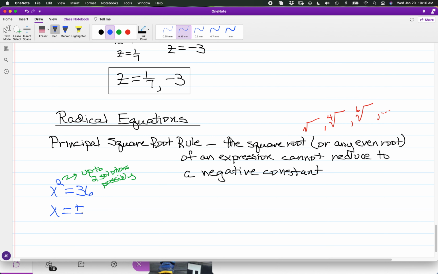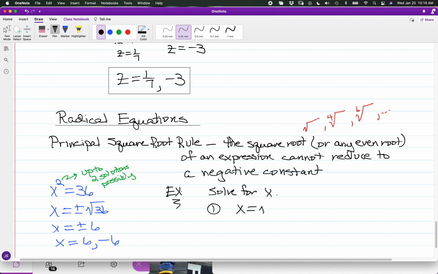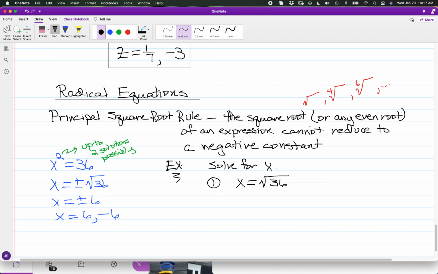So we had both a positive and a negative value from this setup, and that's because we had second degree in x to begin with. But where the principal square root rule is really going to apply, you're looking at solving for x. Had the problem been given as x is equal to the square root of 36, not x squared is equal to 36, you have an even root or square root of an expression that cannot reduce to a negative constant.